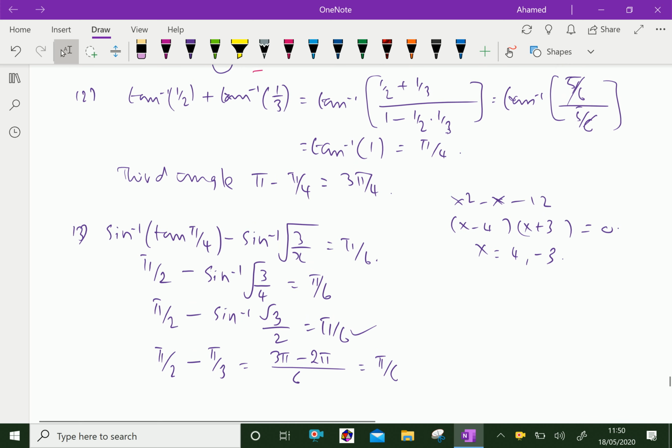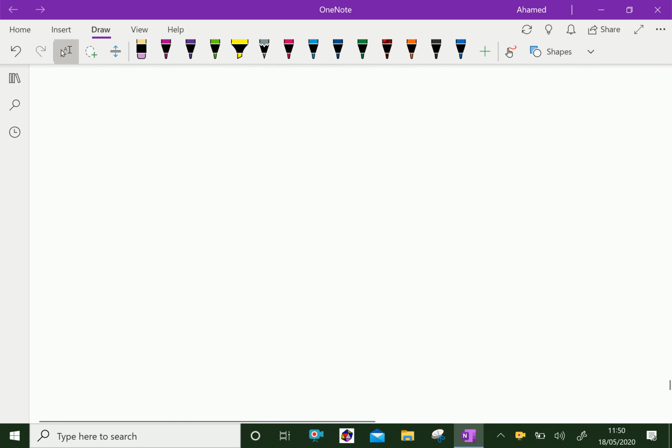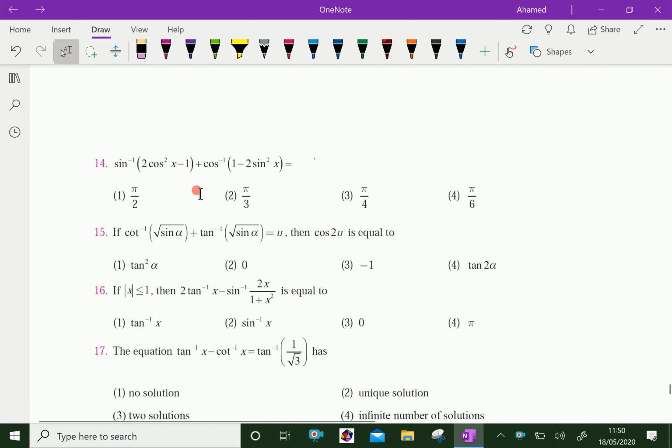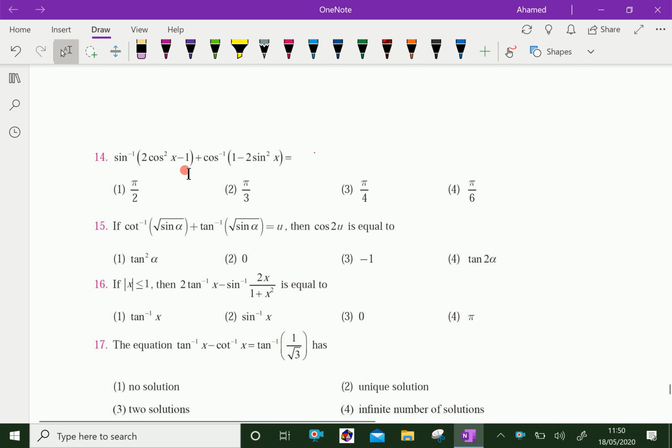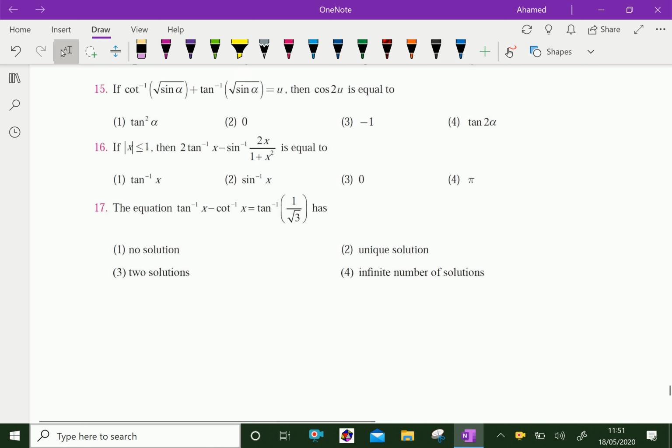Question number 14. Sine inverse of 2 cos squared x minus 1 plus cos inverse of 1 minus 2 sine squared x.